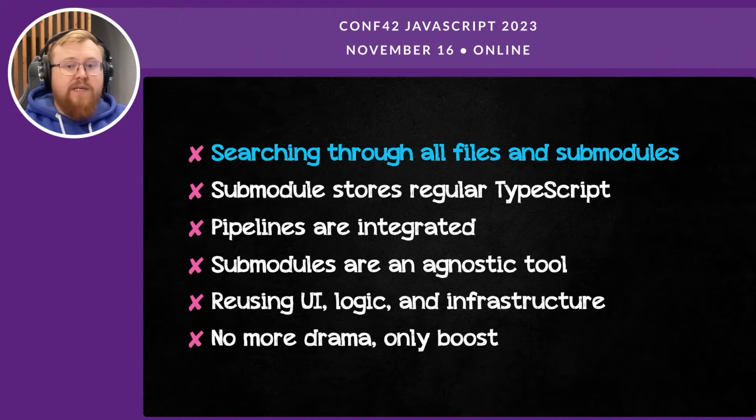In addition to all of this, we also get a bunch of other benefits. We have the ability to easily search through files in the entire application, including the submodule. As I mentioned earlier, the IDE treats the submodule as a regular directory, so the search is no different. Now we have the capability to store regular TypeScript in our Git submodule, which we can import into the application and use seamlessly without a build step.